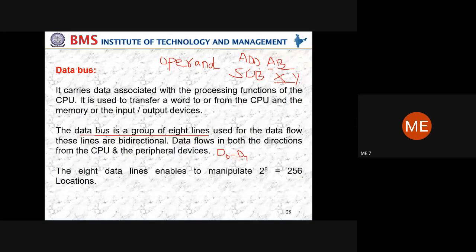That means data flows in both directions between the CPU and the peripheral devices, so data can be entered and retrieved. The number of locations you can handle is 2 power 8, so totally 256 locations. That is the case of the data bus.